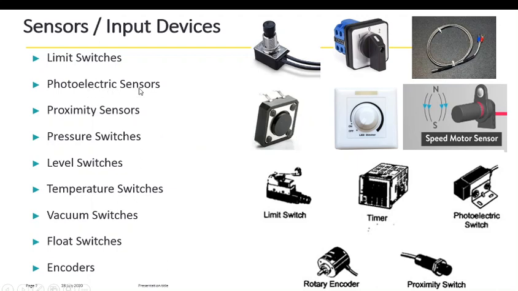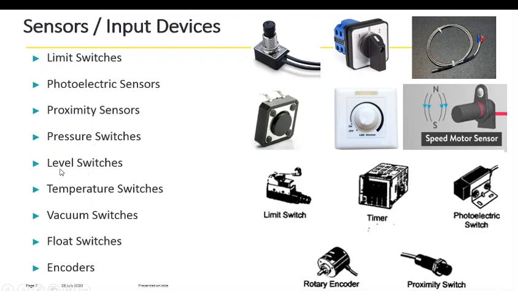Photoelectric sensors will sense the intensity of the light, and based on the intensity, an appropriate electrical signal is obtained. Proximity switches are there. Pressure switches will sense the pressure of a particular parameter and convert it into the appropriate electrical signal.